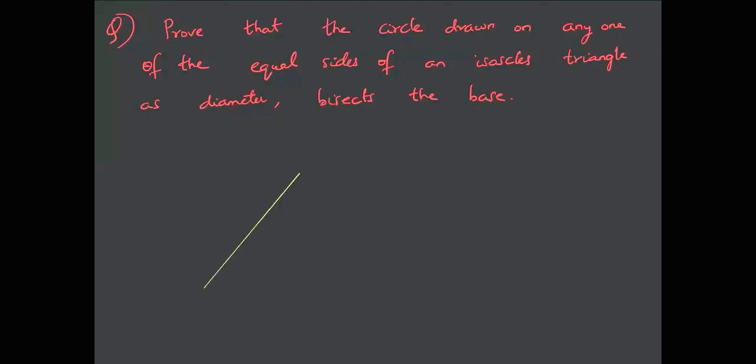So there is an isosceles triangle, say ABC, and AB is equal to AC. So BC is the base of the isosceles triangle, and it is given that you are drawing a circle with AB as diameter.